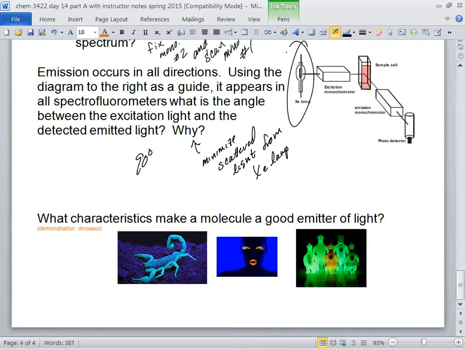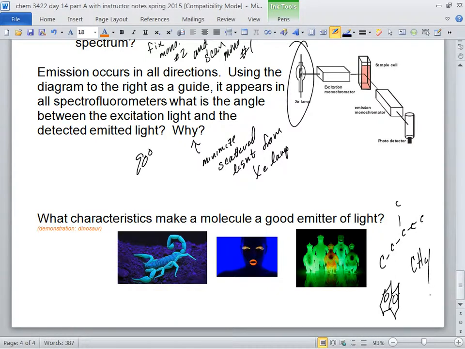Well, what characteristics make a molecule a good emitter of light? You've got a molecule, and there's a lot of different kinds of molecules, and there are aromatic ones. Draw your molecule. What makes it a good emitter of light?